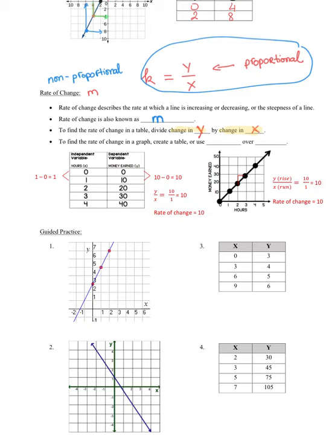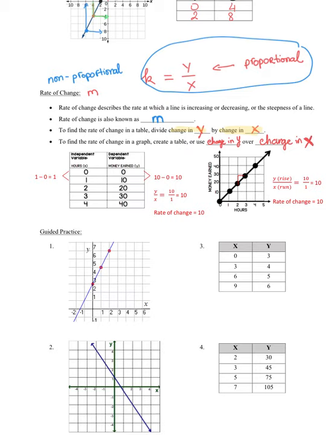So a little bit different from k. And then if you want to find the change in a graph, first we're gonna make a table, and then again you use change in y over change in x. And I will tell you how to find it in just a moment.